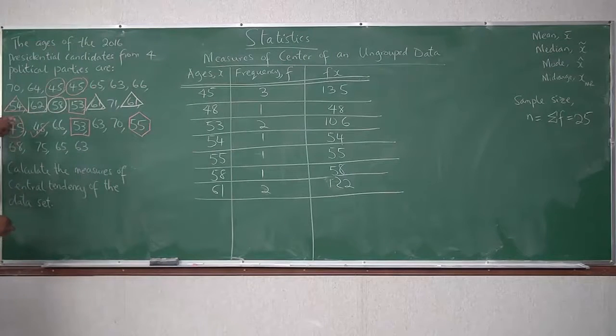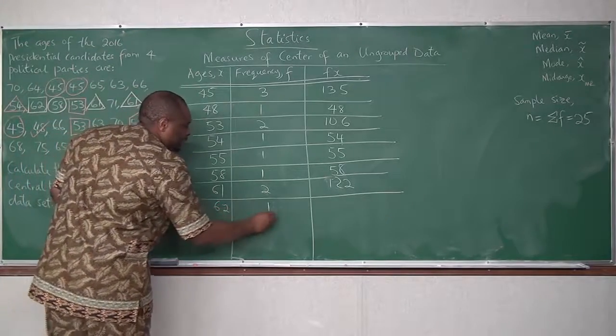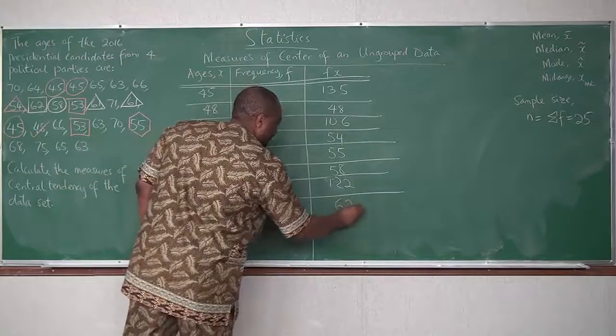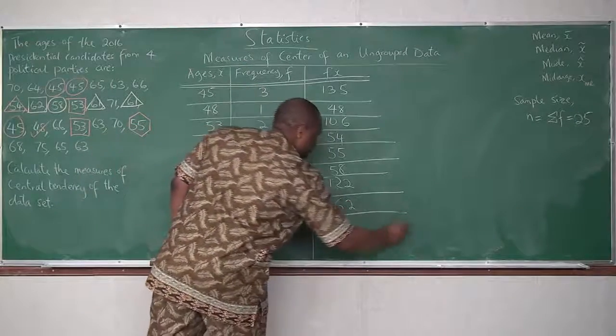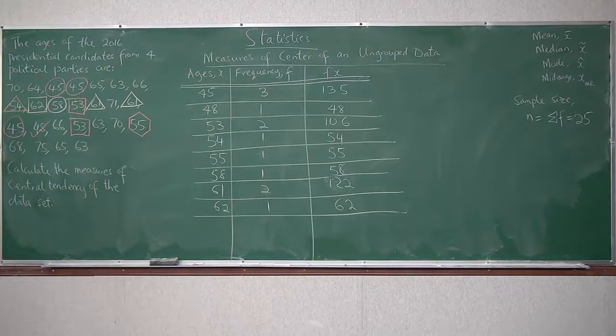Then 62, yellow square, 62 is 1 time. And there's a way we would also check this at the end of the day, whether we got it right.